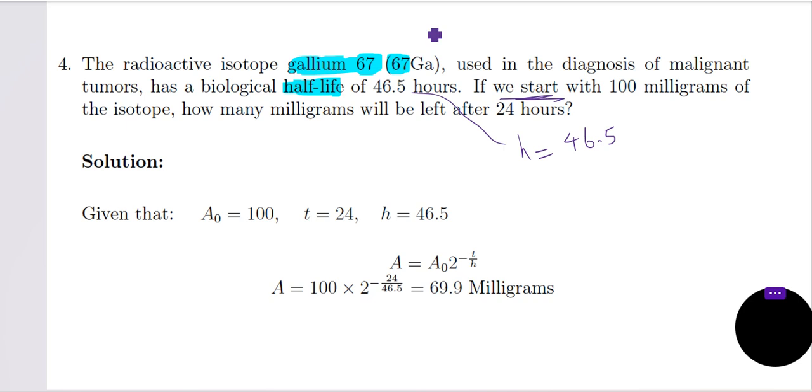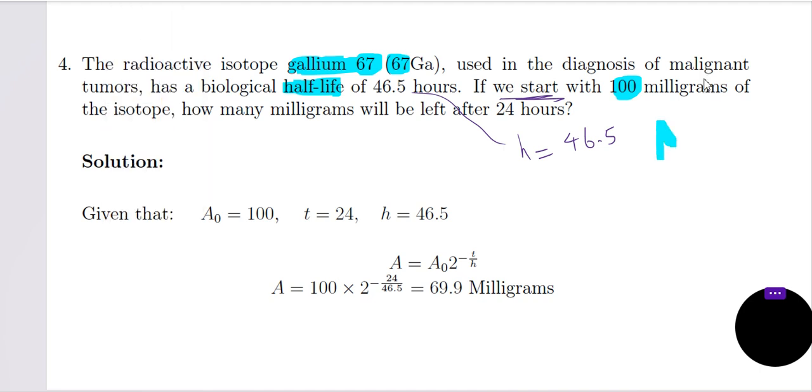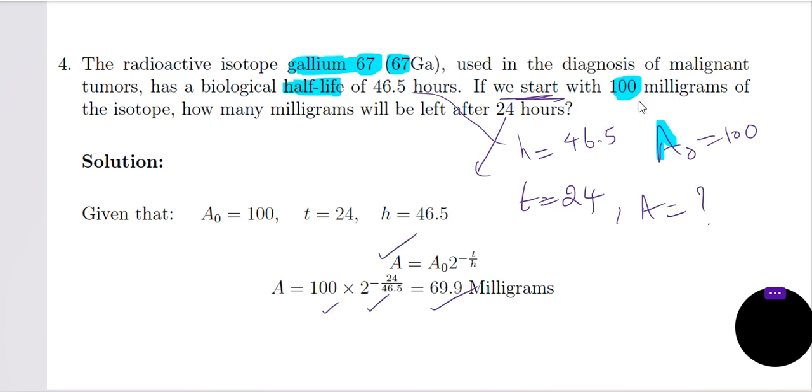If we start at the beginning with 100 milligrams, that is A naught. How many milligrams will be left after 24 hours, so time is 24 hours, so how much will be present, that is A. So again the same rule and substitution.